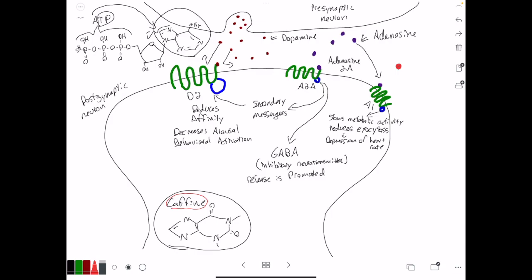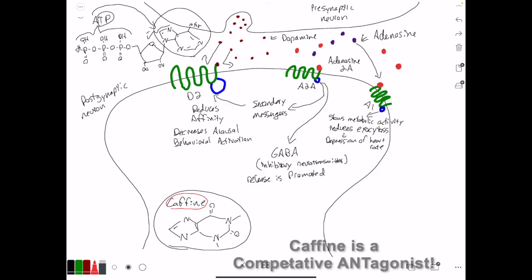What does it do? Well, when it's in our system, it crosses the blood-brain barrier, and it can bind to our adenosine receptors. So I'm going to actually put them over the adenosine here because it is a competitive antagonist.